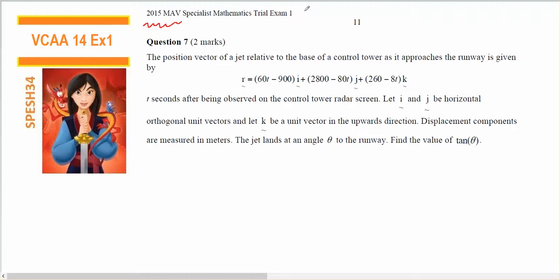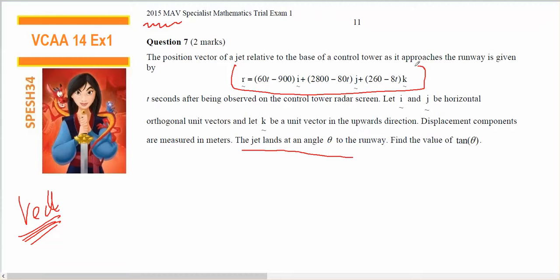Whenever you're looking for direction and the angle that the jet lands, it's the velocity that will tell us direction. So its position vector is of no use to us about direction.